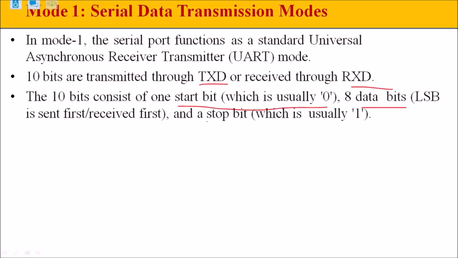LSB is sent first, and the stop bit is usually 1 in mode 1. So this is the simple mode which we have discussed, and we are not going to format this frame. Automatically the UART block is going to convert data into a frame. आपल्याला फक्त data द्यायचा आहे, internally frame format होते त्याची. So mode 1 is the simple mode of this UART, that is universal asynchronous receiver transmitter.